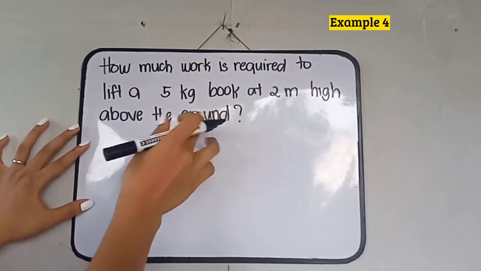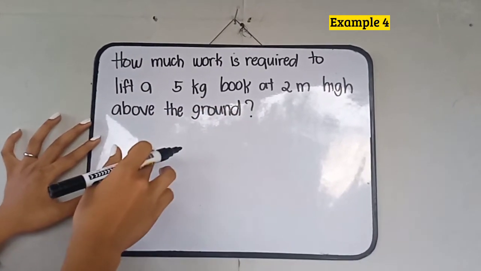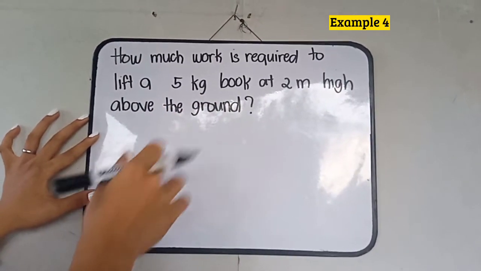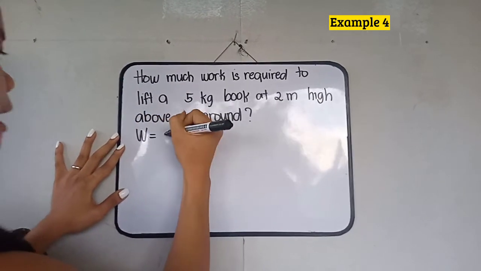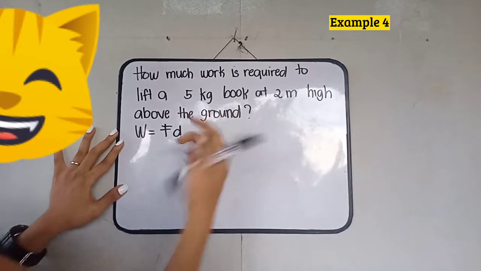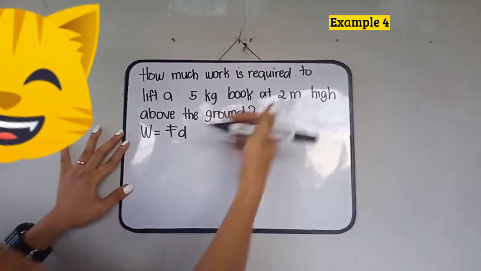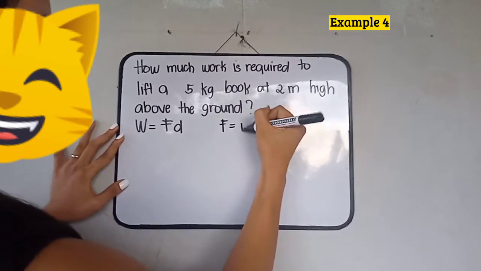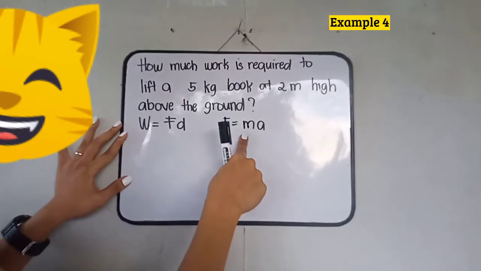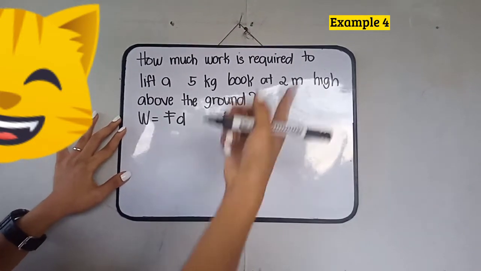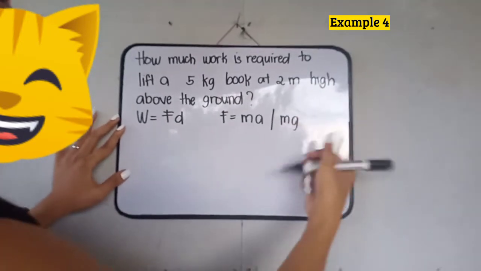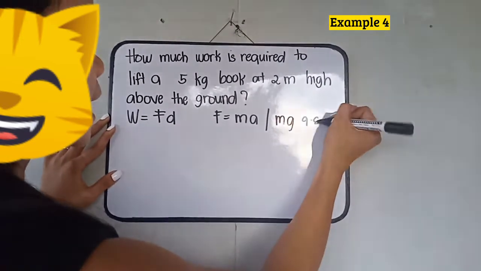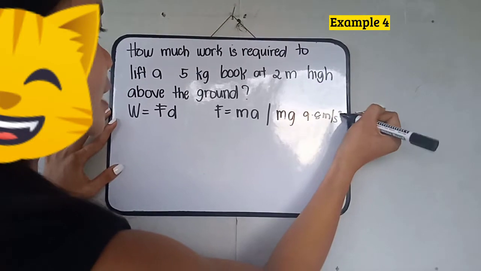How much work is required to lift a 5-kilogram book 2 meters high above the ground? The formula of work is work equals force times distance. Let's recall that the formula of force is force equals ma, wherein m is the mass and a is the acceleration, or mg, wherein g is the pull of gravity, which is 9.8 meters per second squared.